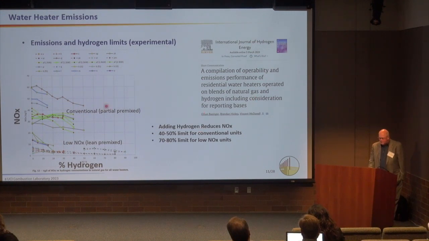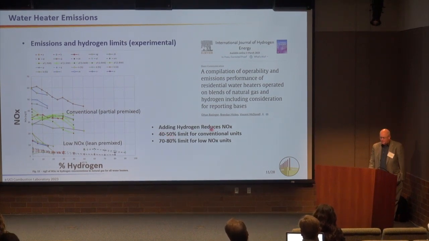Okay. Furthermore, we find that when looking at the totality of these devices, up to maybe 40 or 50% can be tolerated with conventional units, maybe even 70 to 80% for low NOx units.